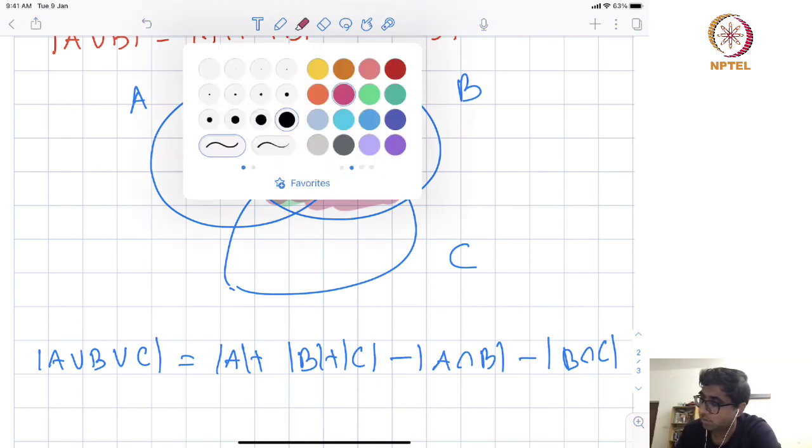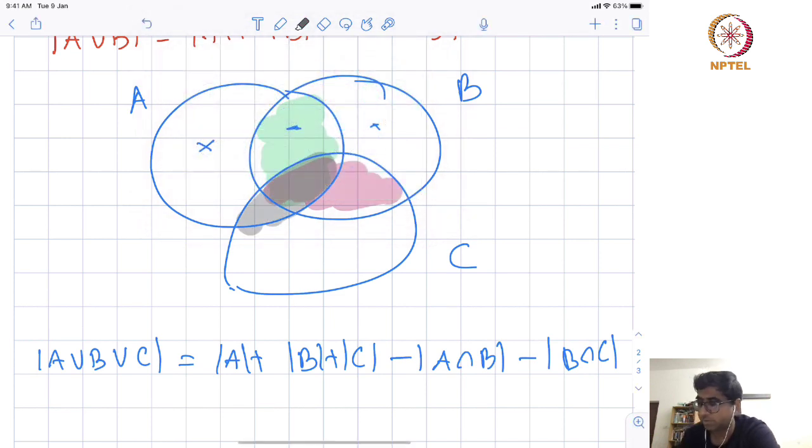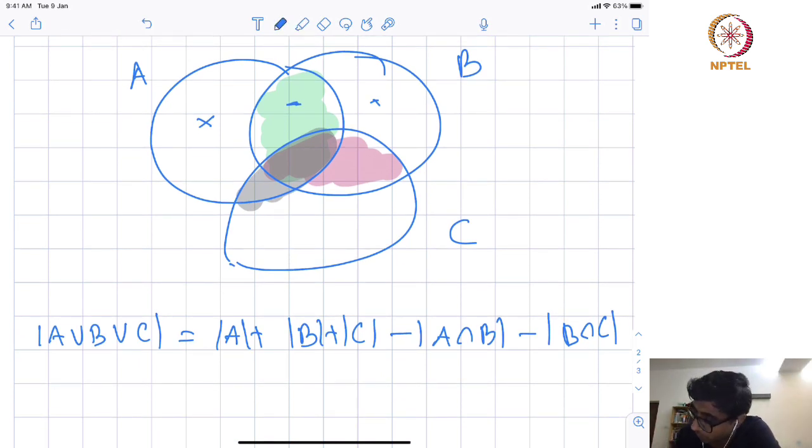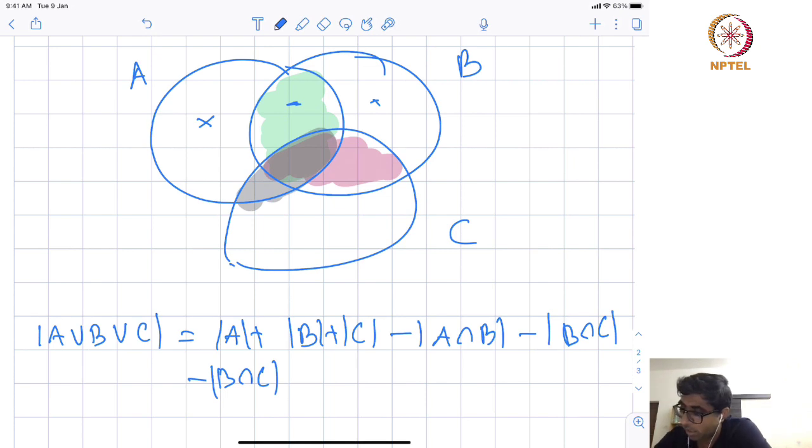this one, A intersection C. Now notice that these elements are subtracted exactly once, because they are common only between A and C. Similarly, these elements, how many times are they subtracted? Only one time, because they are in just B and C. So, this is fine.